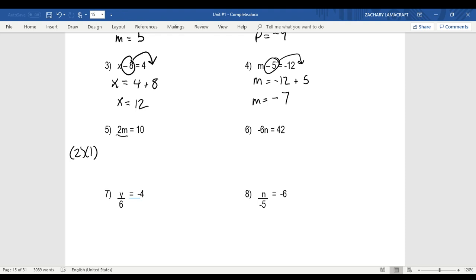We're on the same page there. So in this case, if I want to get m by itself, what's the opposite operation of multiplication? Division. So to get m by itself, I would go m, and if I want to move this to the other side, it becomes 10 divided by 2. Okay? And then m would be 5. Awesome.